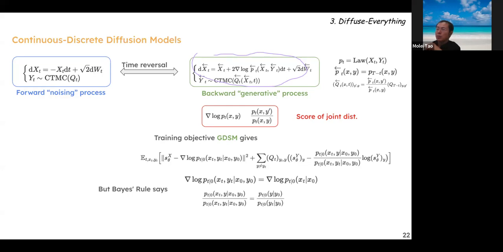But if you're only looking at the discrete component, and you're using the forward process as a mask diffusion, then yes, you're basically unmasking token by token, so it's sequential, like Yuchen mentioned. But there's no reason that the same thing applies to the correlation between X and Y.